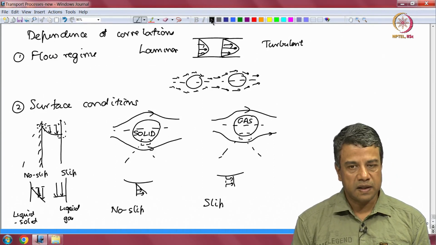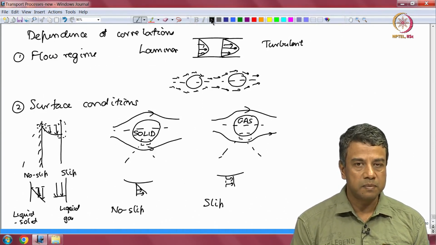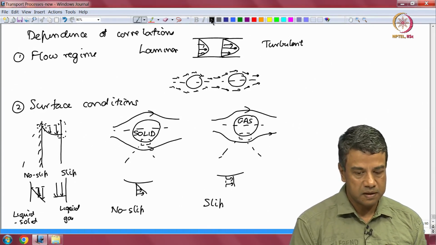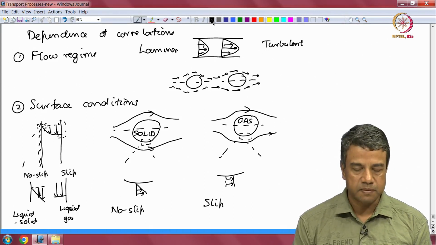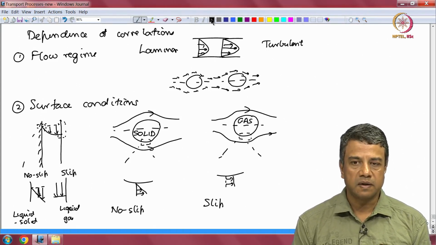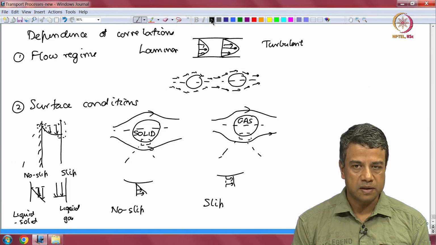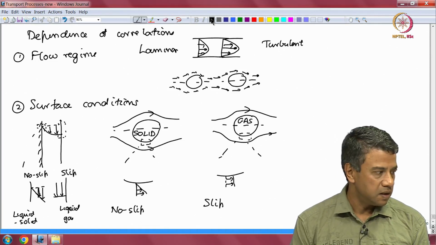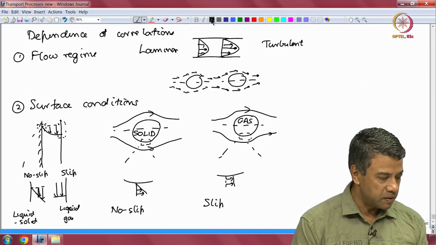We looked at the factors that affect transport. One is the correlations do depend upon the flow regime, whether the flow is laminar or the flow is turbulent. As I said, in the flow through conduits, pipes for example, you have laminar flow up to a Reynolds number of 2100 or so, and there is a virtually discontinuous transition from a laminar to a turbulent flow.